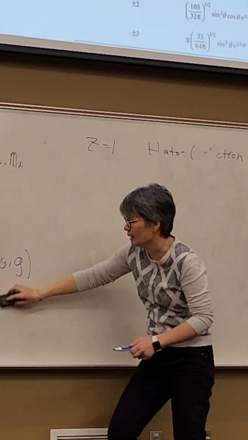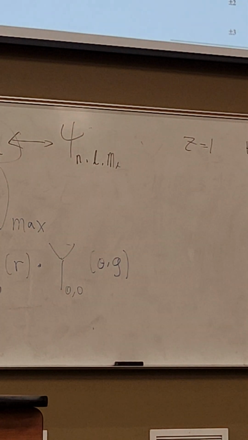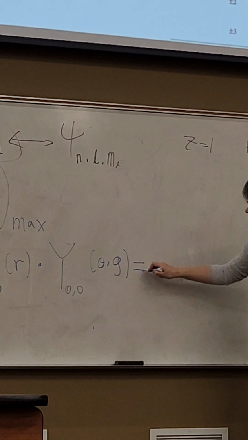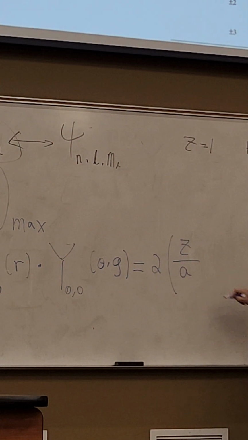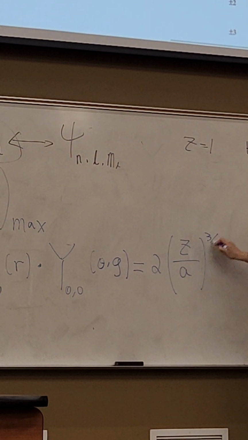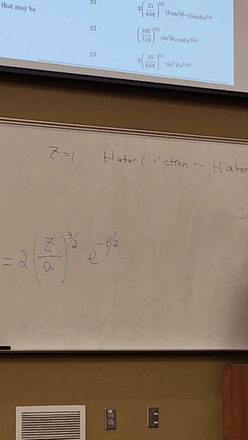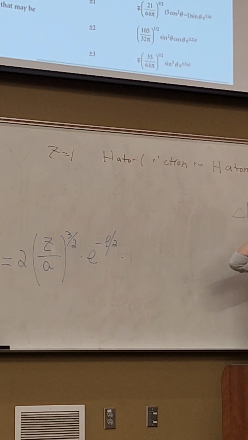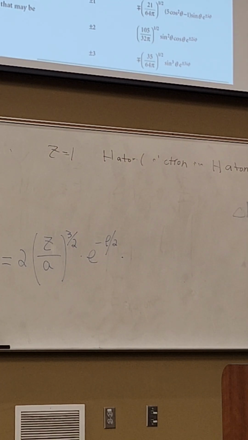Alrighty, now L and m sub L for this particular problem are 0 and 0, right? Yes. Okay. All right. Can we plug in here now? So I have a 2 for the radial component, Z over a, to the 3 over 2, times e raised to the minus rho divided by 2. That's my radial component of the wave function. Then I need to multiply by the angular component. What is the angular component value here? Huh? The 1/4.